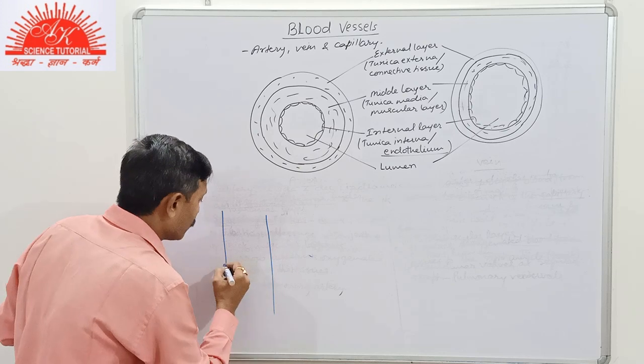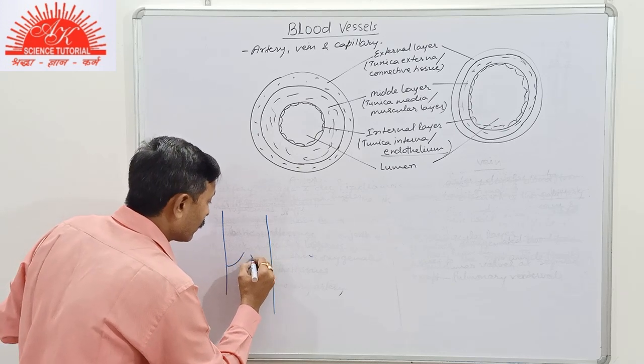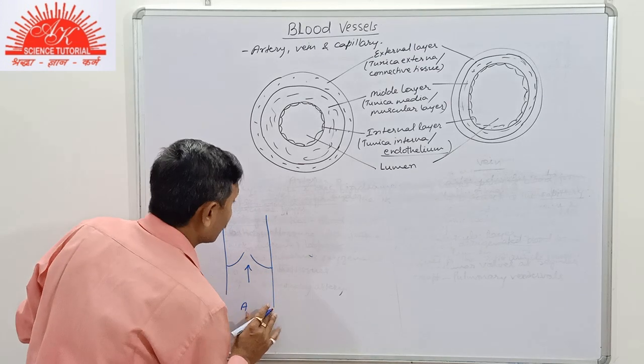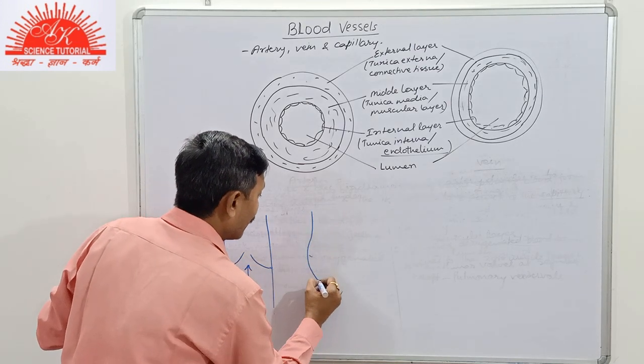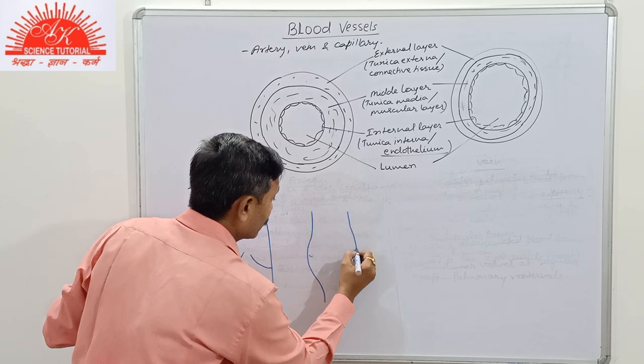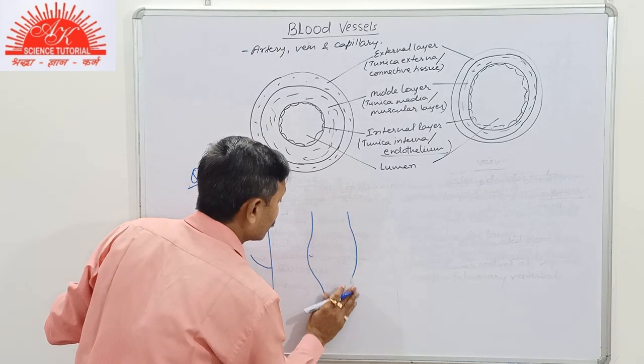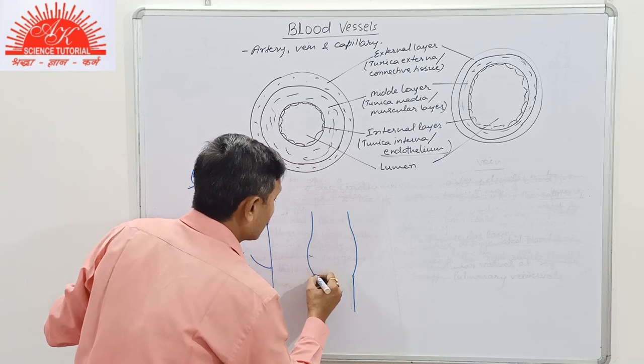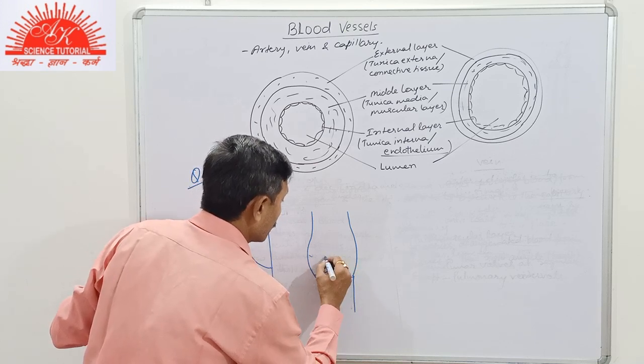Suppose there were two diagrams here, for the blood vessel A, and in the second part it is given like this. Now it is closed.